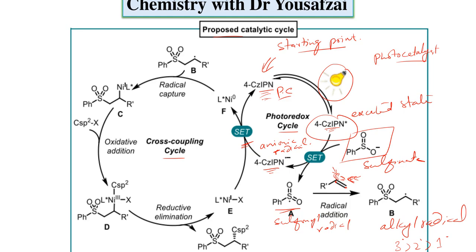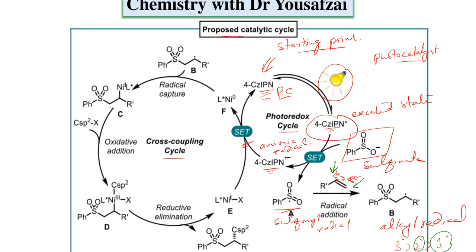In the first case, if this sulfonyl radical is added to the internal carbon at this position, it will produce a primary radical. So the primary radical is less stable. And if this sulfonyl radical is added to the terminal carbon, it will produce an internal or secondary radical, which is much more stable than the primary radical.